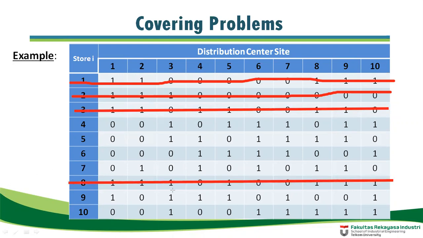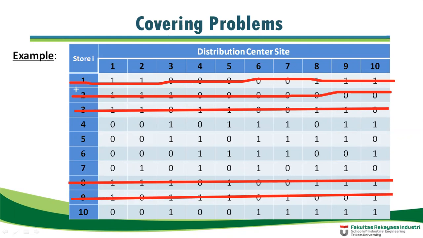So it serves stores number 1, 2, 3, 8, and 9. And you know that the other DCs will be substitutes for the first DC. Let's say that DC number 1 will fulfill the needs of stores number 1, 2, 3, 8, and 9.